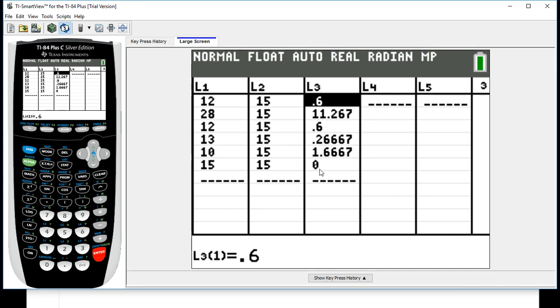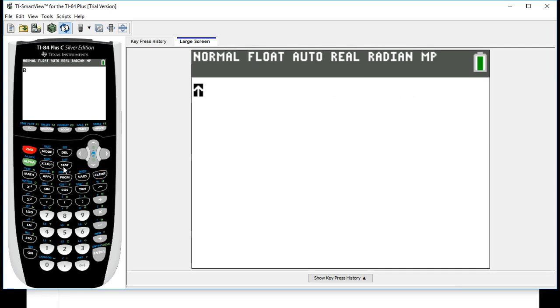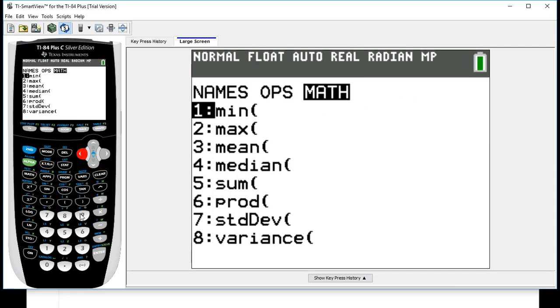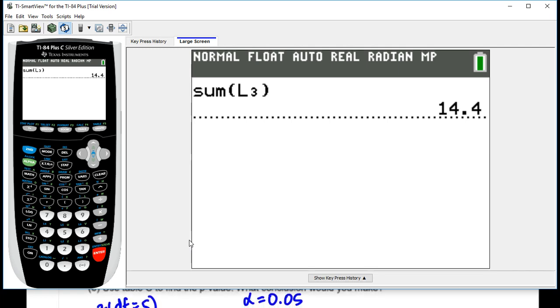So now I want to add this list up. And so I can go home, second quit. It takes me to the home screen. I'm going to hit second stat math 5. And I want to sum list 3 where all the components are. So that was how I get 14.4. So I'll write that down.